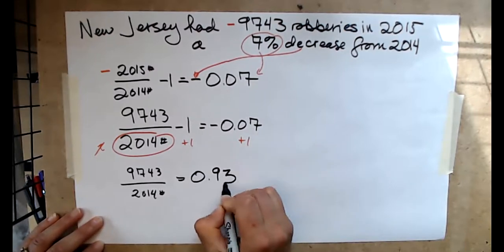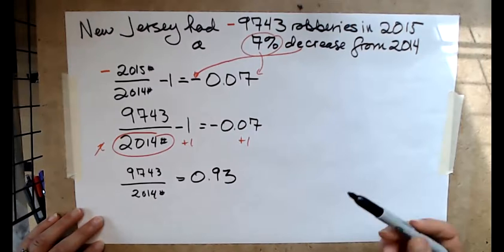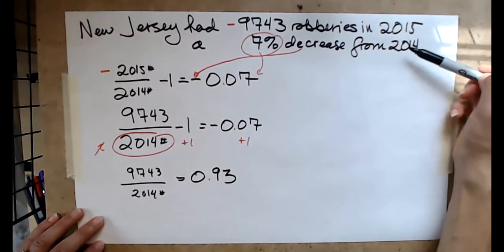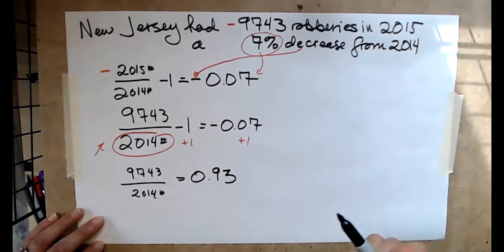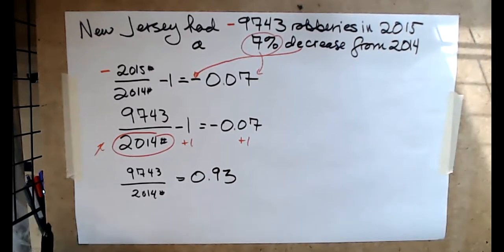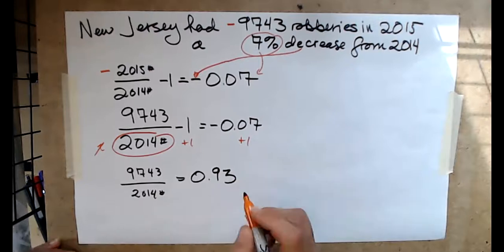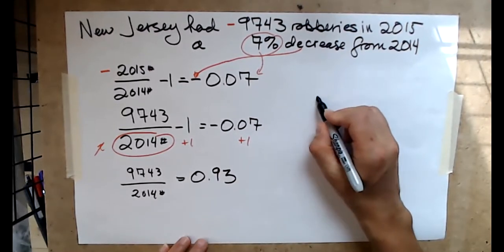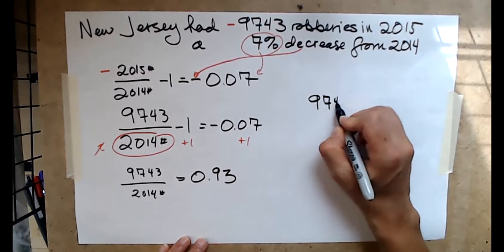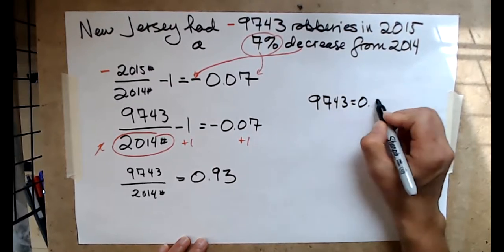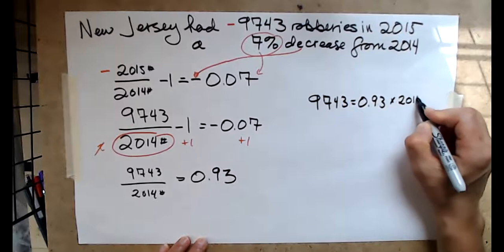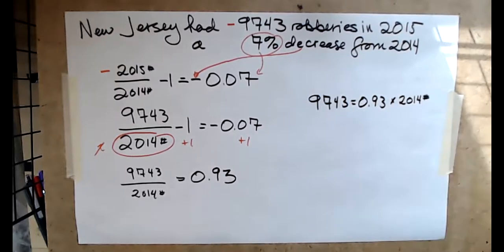Incidentally, this means something: it means that the 2015 value is 93% of the 2014 value. Anyhow, now I'm going to multiply both sides by this unknown, this 2014 number, in order to clear that denominator. And I get 9,743 is equal to 0.93 times this thing that I want to know, the 2014 number.